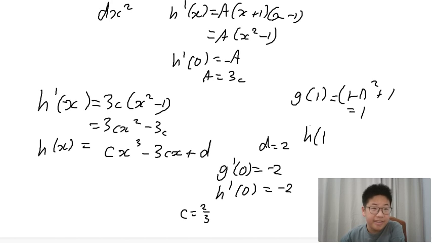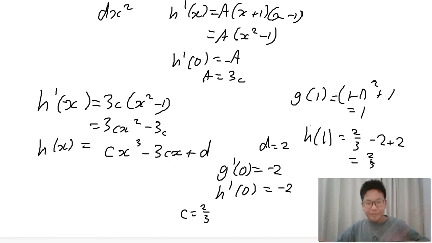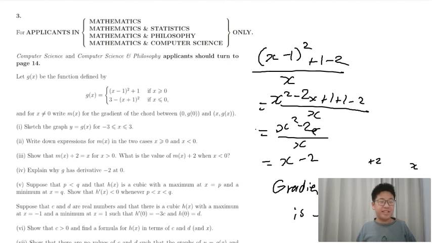However, h(1) equals 2 over 3 minus 2 plus 2 equals 2/3. So, therefore, we found a counterexample, that is a proof by contradiction. So, anyway, we have already done this question, and see you in the next MAT video.